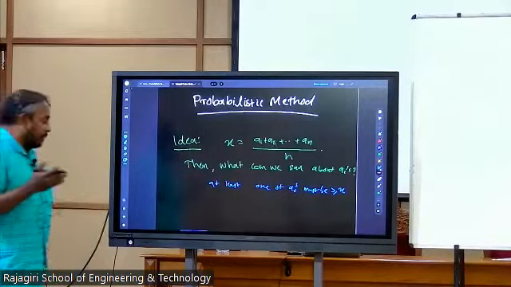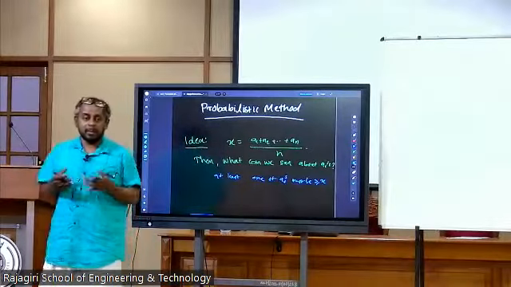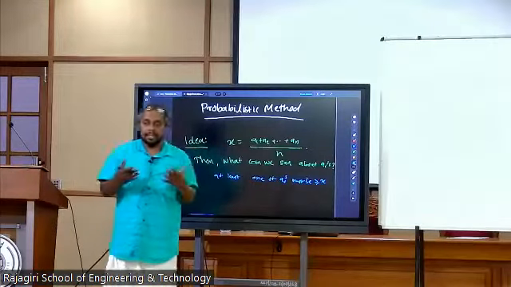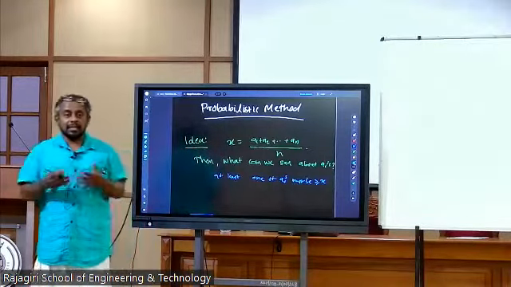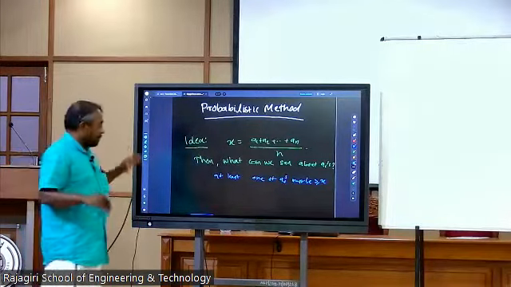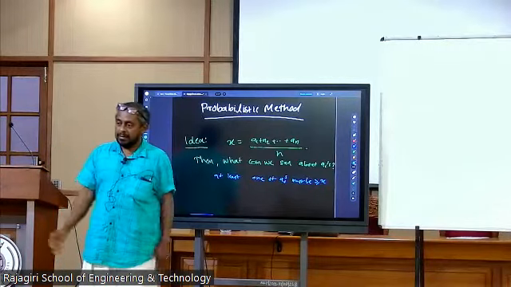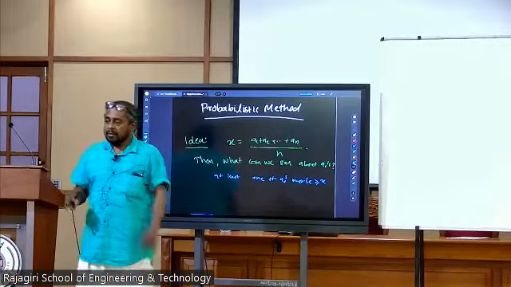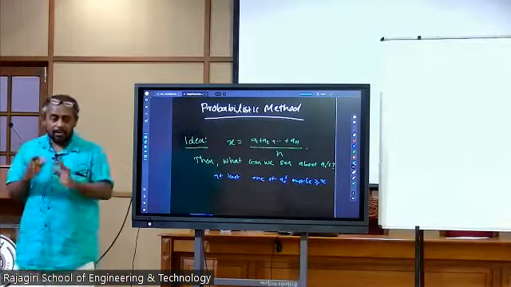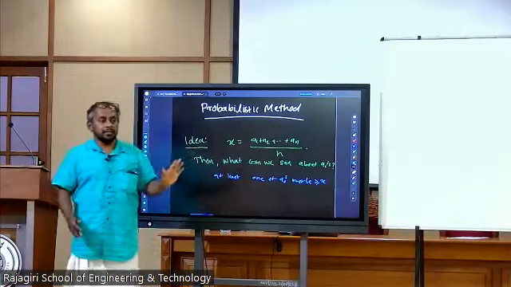Now the same idea, if you carry over to probability theory, right? Suppose you can show that the probability of a certain combinatorial object existing is strictly positive. Suppose you show somehow that the probability that this exists is greater than 0. You don't know how to find it, but you still show that there is a positive probability. Then one can conclude that this must exist, right?